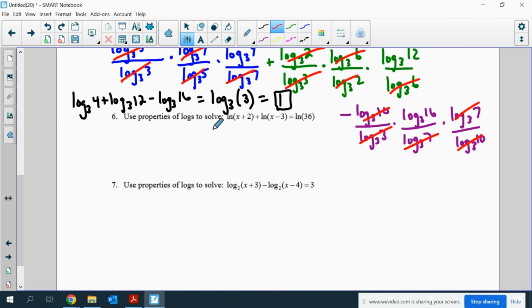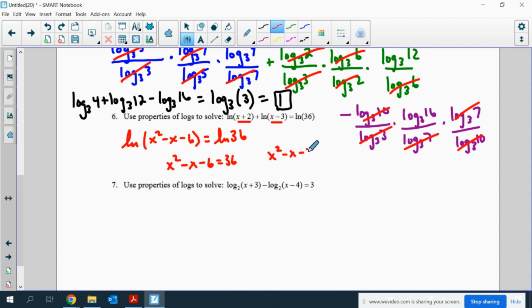Final 2 problems, some solving. So these are condensing problems. Natural log of x plus 2 plus natural log of x minus 3 is the natural log of these two things multiplied together. So that's x squared minus x minus 6. Then since I have a natural log on both sides, the insides have to be equal to each other.